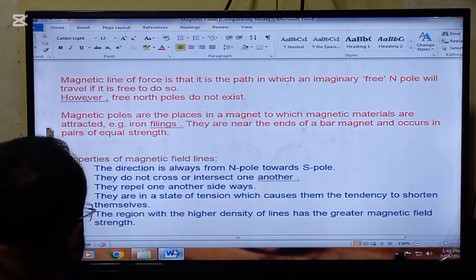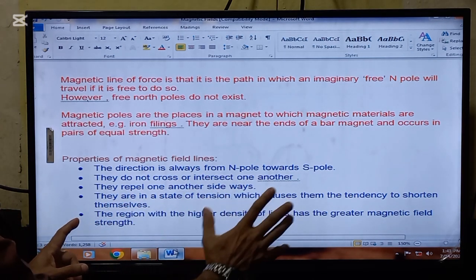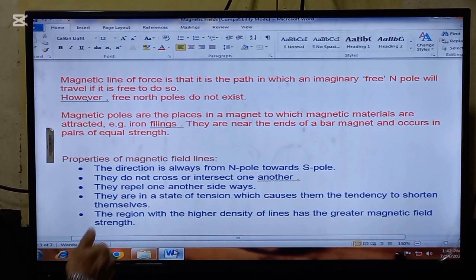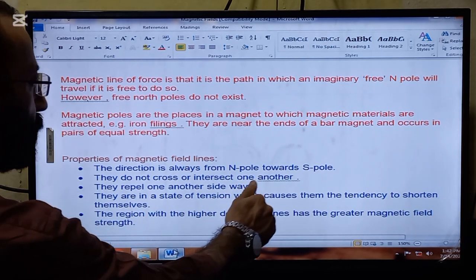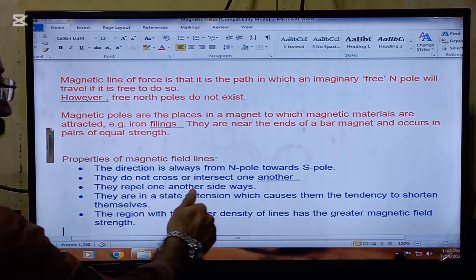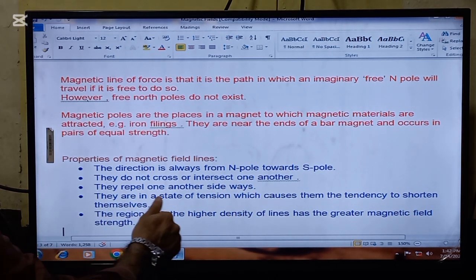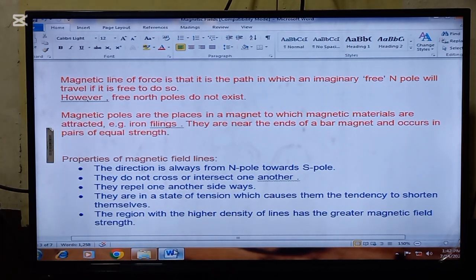The next thing that we are going to read is the properties of the magnetic field lines. So again, a very important short question that frequently comes in the paper. The direction is always from north pole towards south pole. They do not cross or intersect one another. They repel one another sideways.